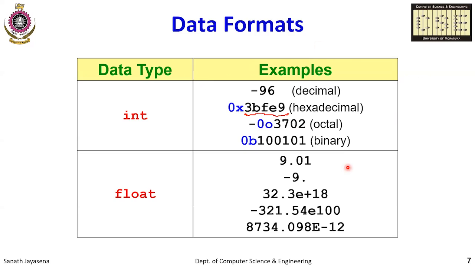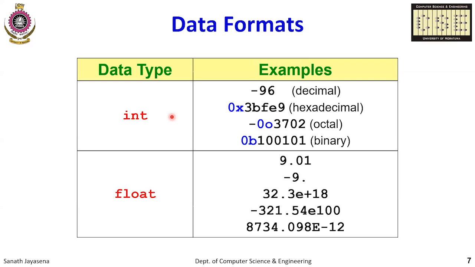Similarly, in the case of octal numbers, 0 followed by O tells that it is an octal number. The number itself is 3702. In this case there is a minus sign, a negative sign, which indicates this is a negative octal number, right?